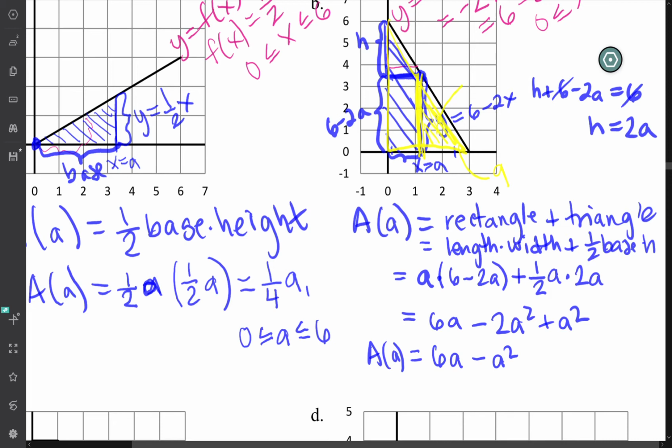And I would say that's 6 minus a multiplied by, oh, that's our same height of our rectangle, which is 6 minus 2a. So if we take 9 minus that, we would get the blue area. So there are lots of ways to approach these.